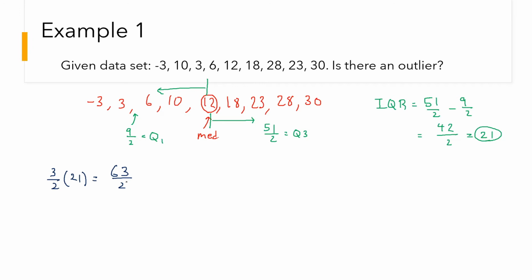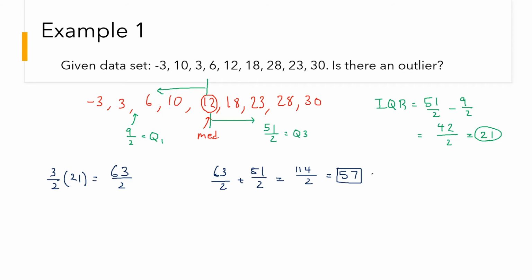So anything greater than 63 over 2 from Q3 is known as an outlier. 63 over 2 plus 51 over 2, you will get 114 over 2, which comes out to be 57.